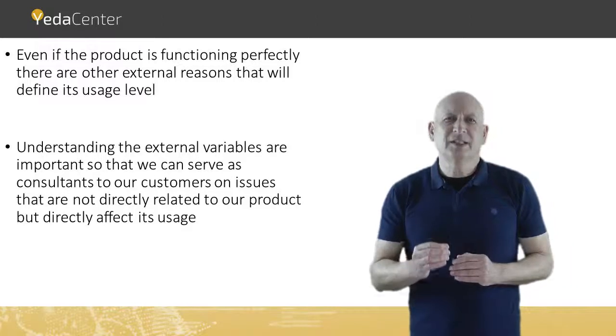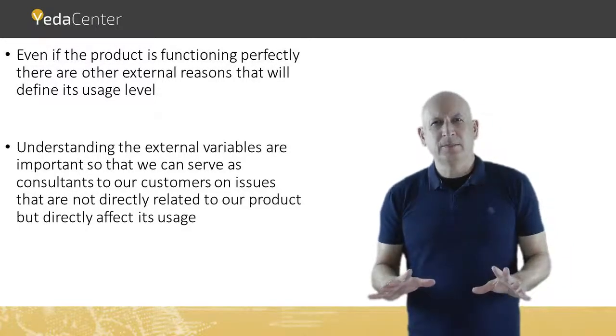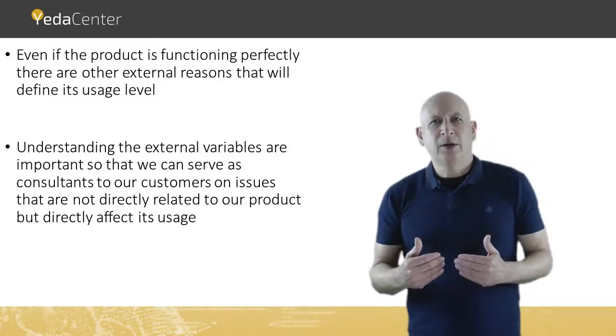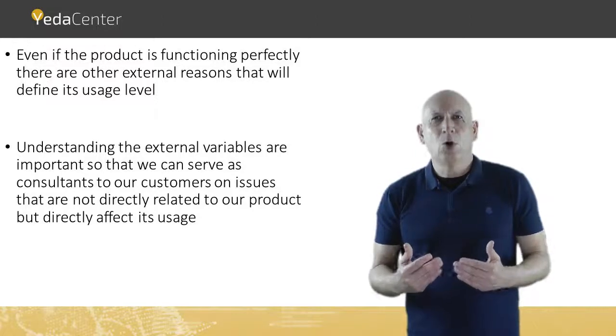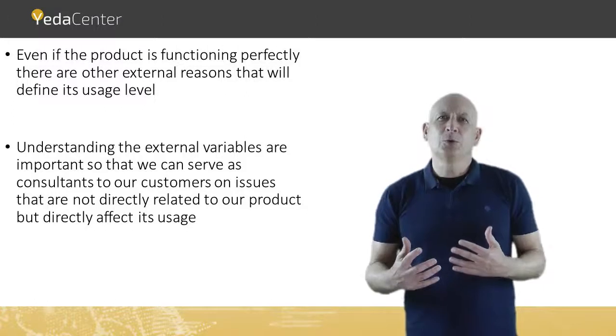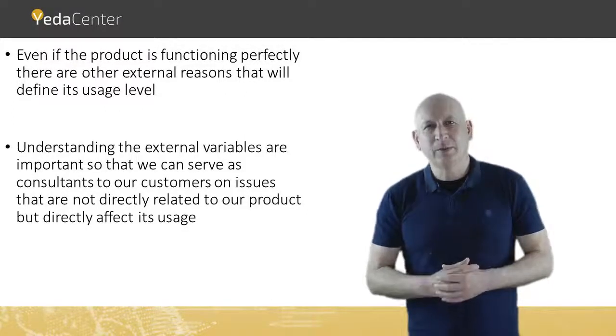And the customer success function is to identify those external reasons and assist in resolving them, or assist the customer to resolve them, in order to retain or bring the usage to a decent level.